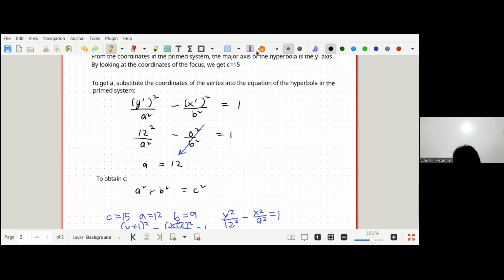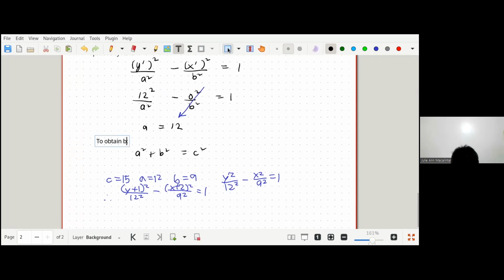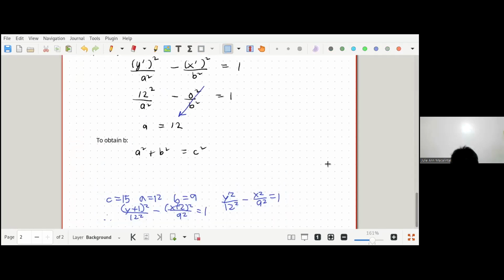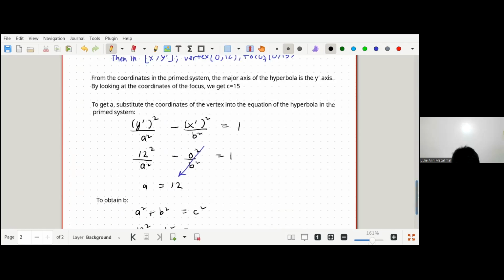To obtain b. It's good practice to write down the whole thought process, even though it looks longer. Kasi when you read it again, kahit na matagal na, magiging clear kung ano nangyayari. So, okay, plug in 12 square, b square, and then yung c square is 15.